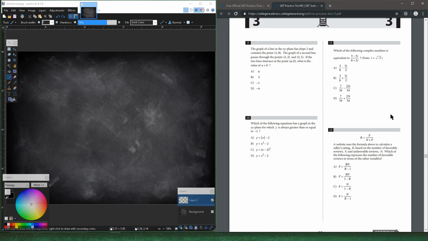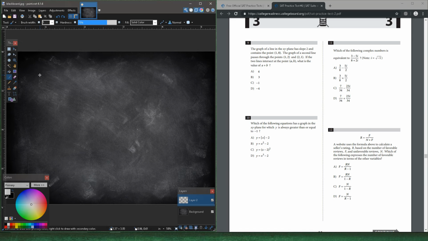Which of the following complex numbers is equivalent to 3 minus 5i over 8 plus 2i? For these types, you just want to multiply by a factor on the bottom to make the bottom actually a real number. So 3 minus 5i all over 8 plus 2i.